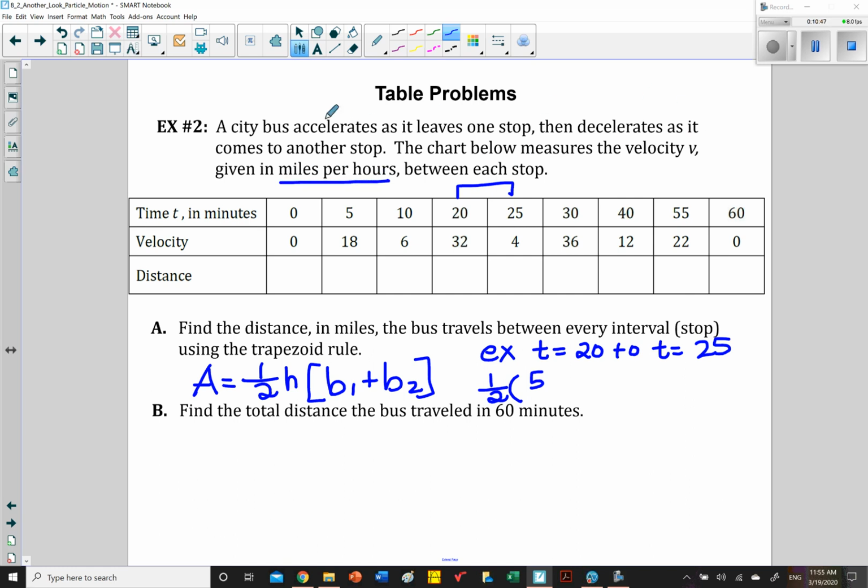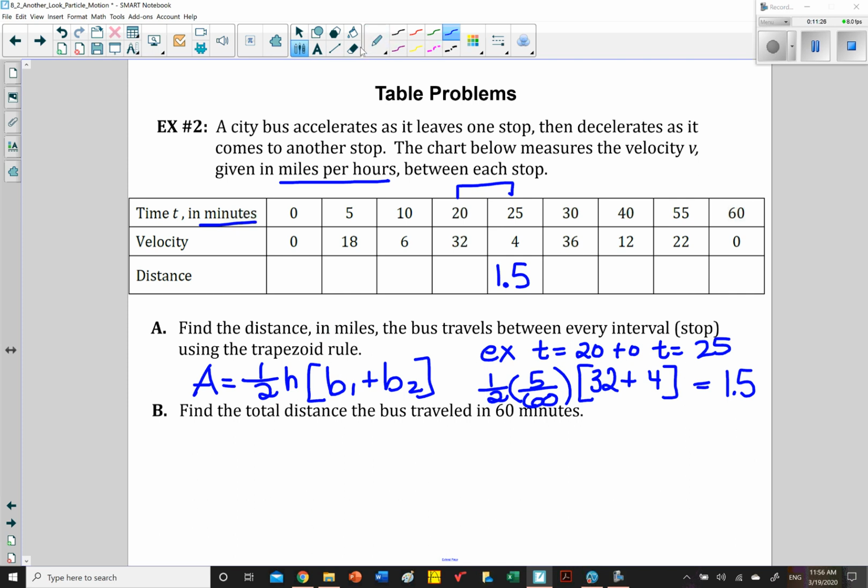Let me make sure I'm doing this right. Yes, time is in minutes, velocities in miles per hour. So this is 5/60 of an hour. And the bases are 32 and 4. So we want to add together 32 and 4. That would be 36. And 5 divided by 60 times 36 divided by 2 turns out to be 1.5 miles. So that would be 1.5 miles from 20 to 25.